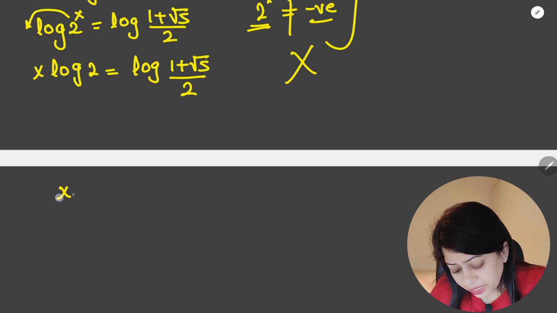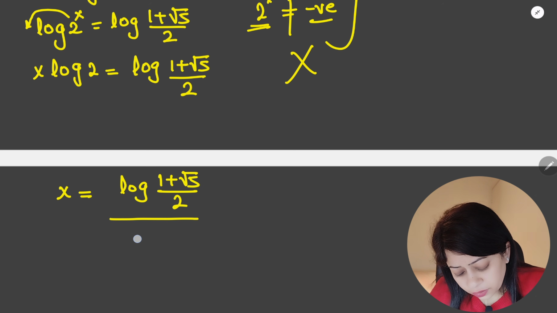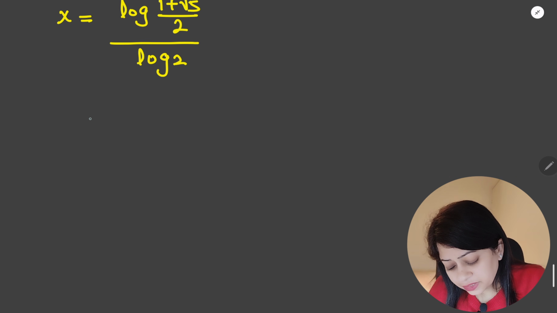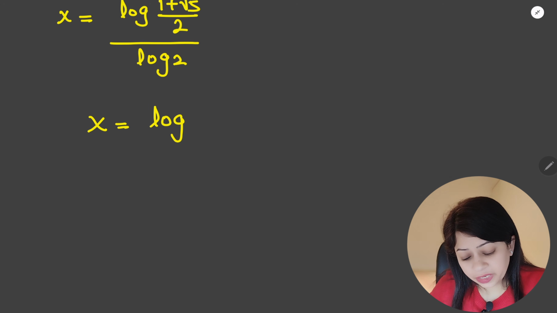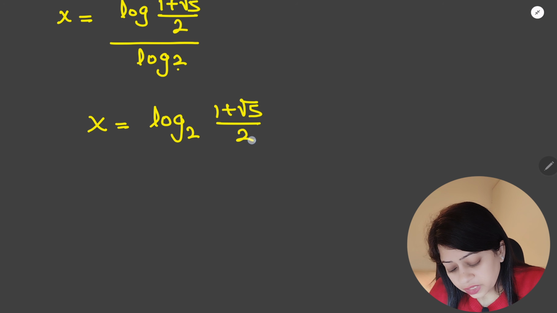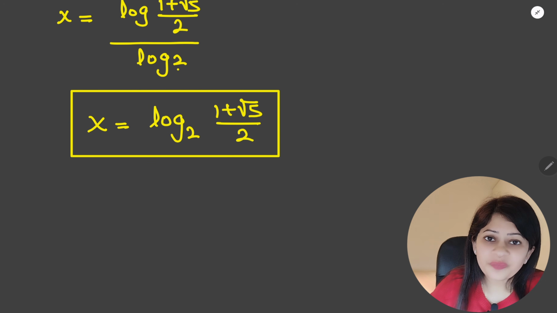This implies x is equal to log of 1 plus under root 5 by 2 and by log 2, which can actually be written as x is equal to log a by log b. So we can write this 2 in the base, and then we have this, and this is our value for x, right? So I hope you understood this.